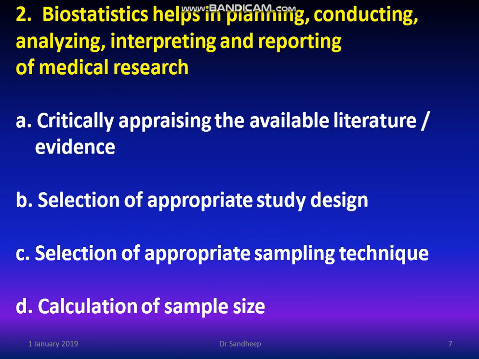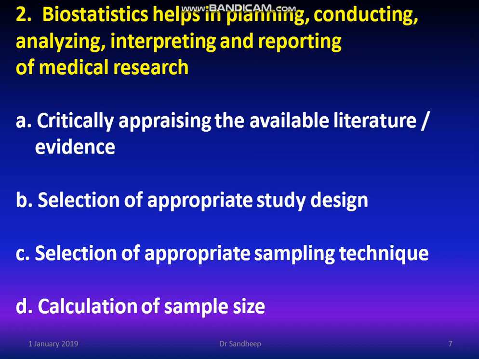Second and the most important use of biostatistics is in the field of medical research. It is in planning, conducting, analyzing, interpreting, and reporting of medical research. How can it help in planning? When you decide a research question or a research hypothesis, you have to justify why that research question is important.